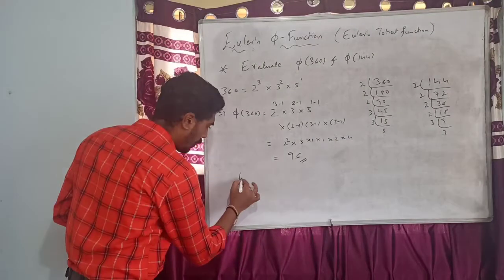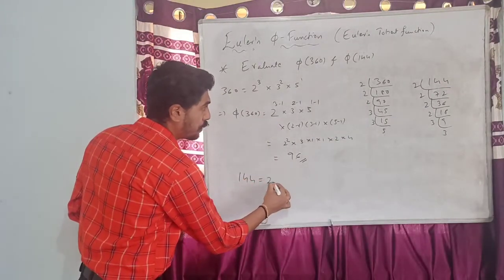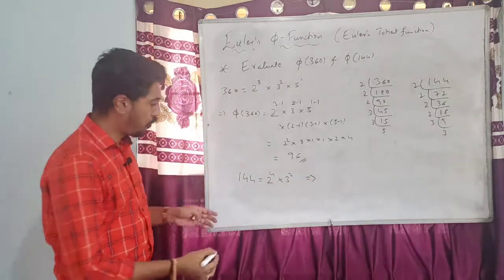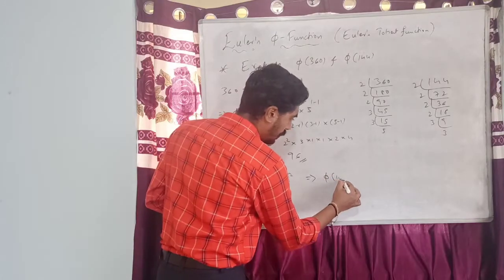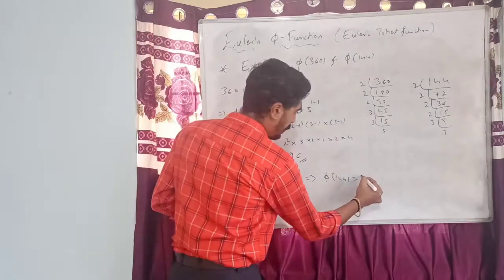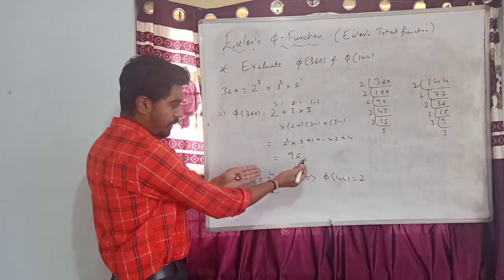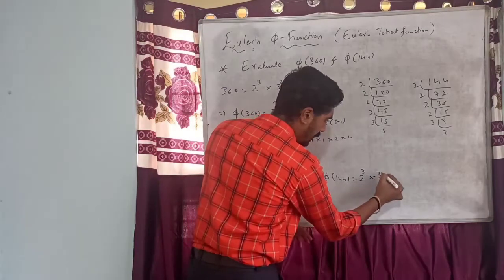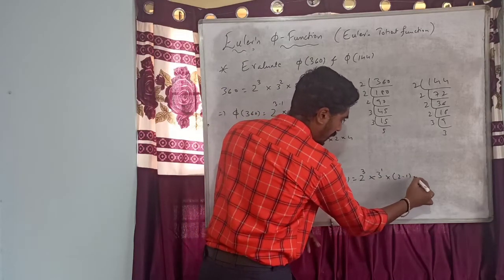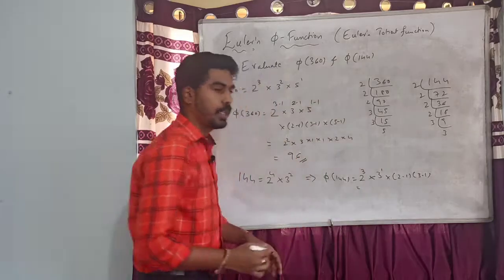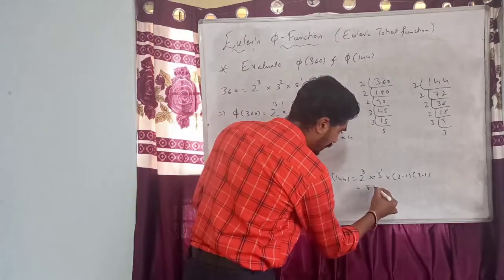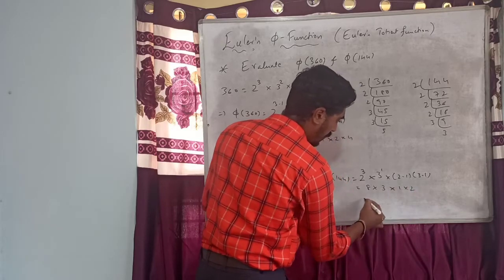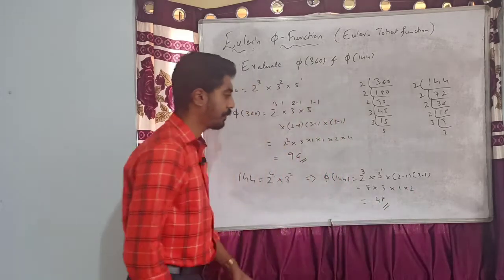So 144 is equal to 2 to the power of 4 into 3 square, and hence phi of 144 will be equal to 2 to the power of 4 minus 1, which is 3, into 3 to the power of 2 minus 1, which is 1, into 2 minus 1 into 3 minus 1. So I get here 8 into 3 into 1 into 2, which is equal to 48.